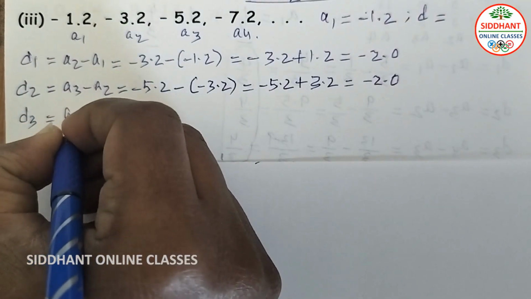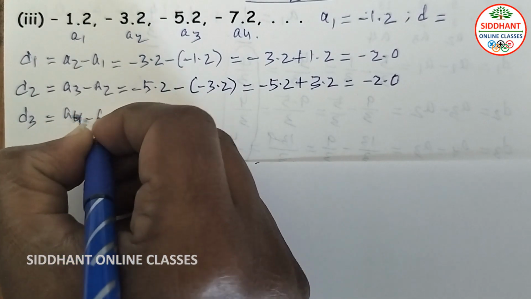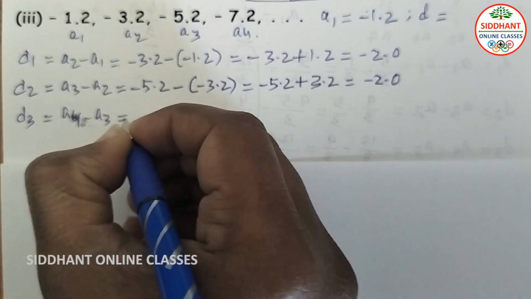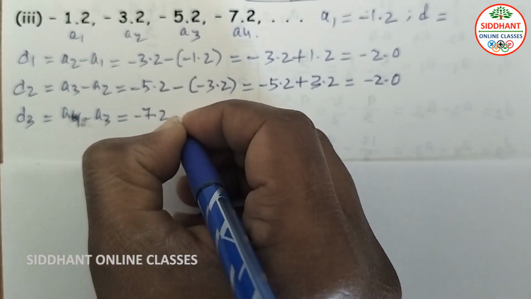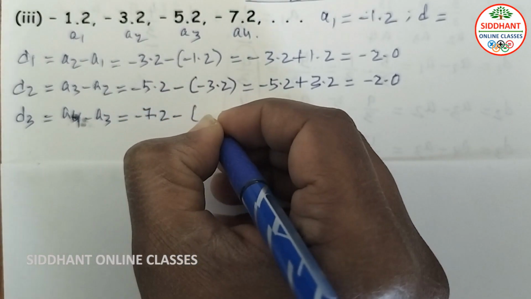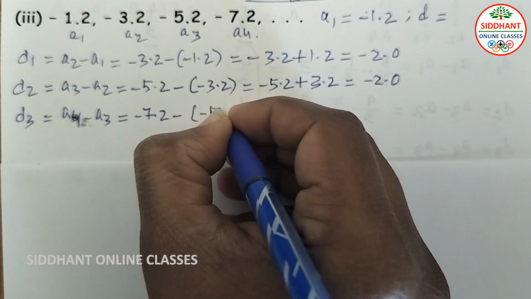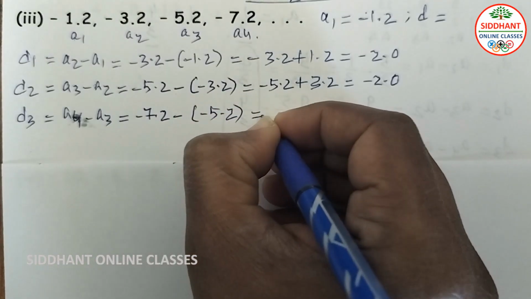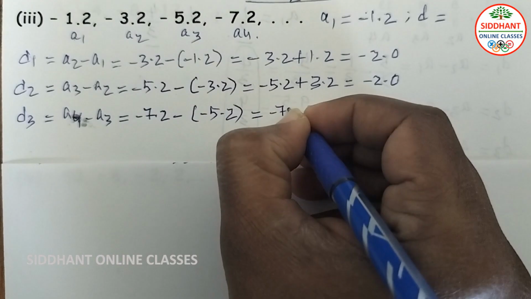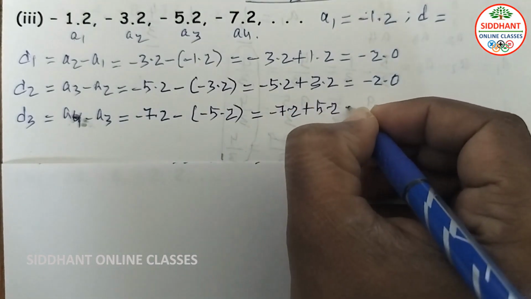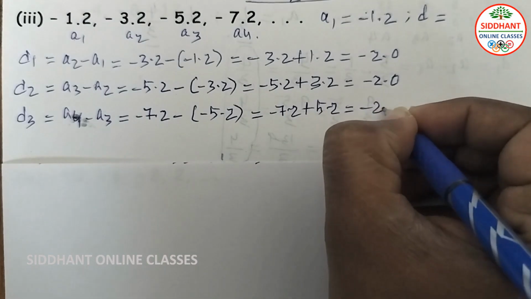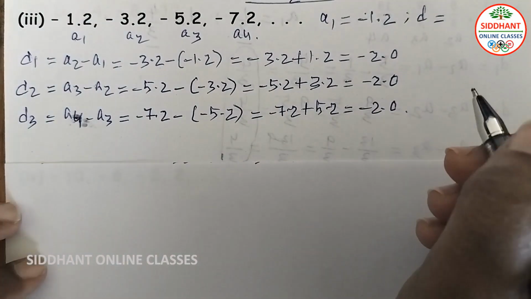D3 is equal to A4 minus A3, that is equal to minus 7.2 minus A3, which is 5.2, that is equal to minus 7.2 plus 5.2, that is equal to minus 2.0.